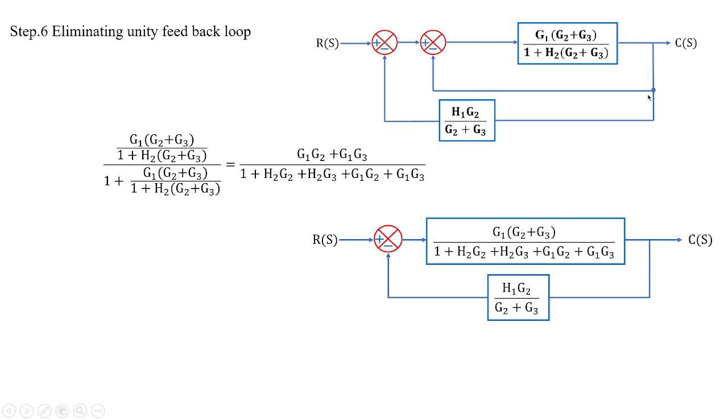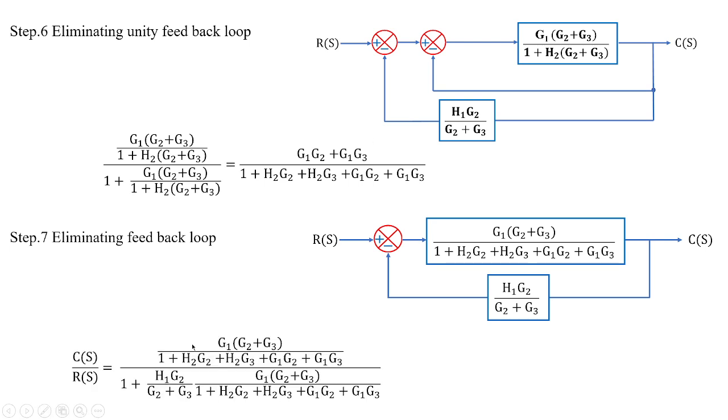So I'm taking the above block reduction to this form, where the main G value will be nothing but the numerator block, and H value is nothing but the denominator block. Again, with the help of the concept of eliminating feedback loop, we can remove this particular block too: G by 1 plus GH, where H is nothing but H1 G2 by G2 plus G3, and G you have this numerator block.